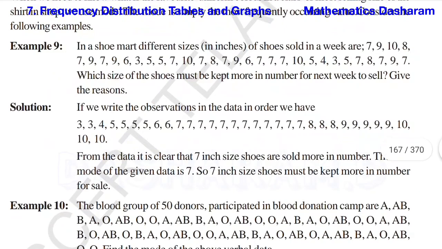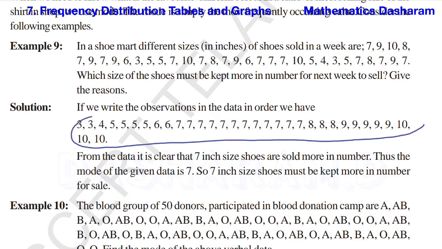So if you write the observations in order, here 3 is repeated 2 times, so written at the first place. Next 4, so where is a 4? Here is a 4. Next 5, 5 repeated 5 times. Next 3, here 4. Like this, arrange all shoe sizes in a particular order.